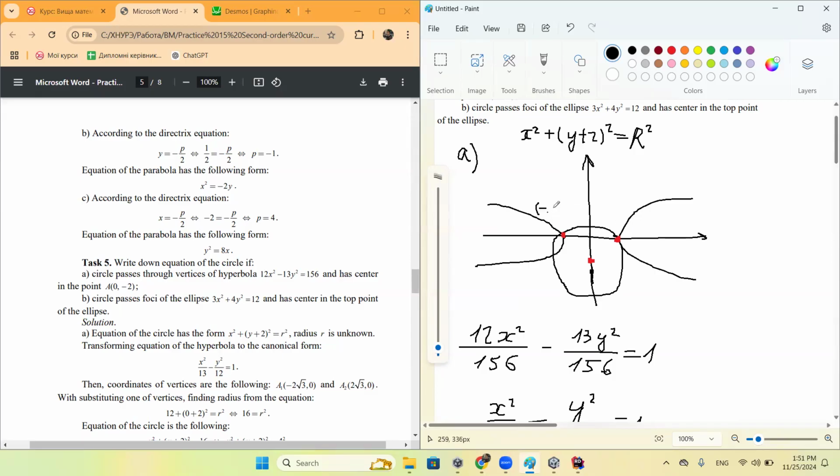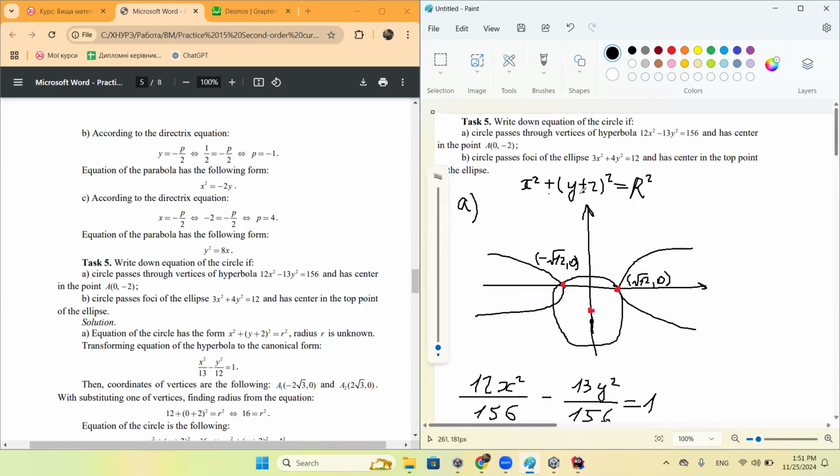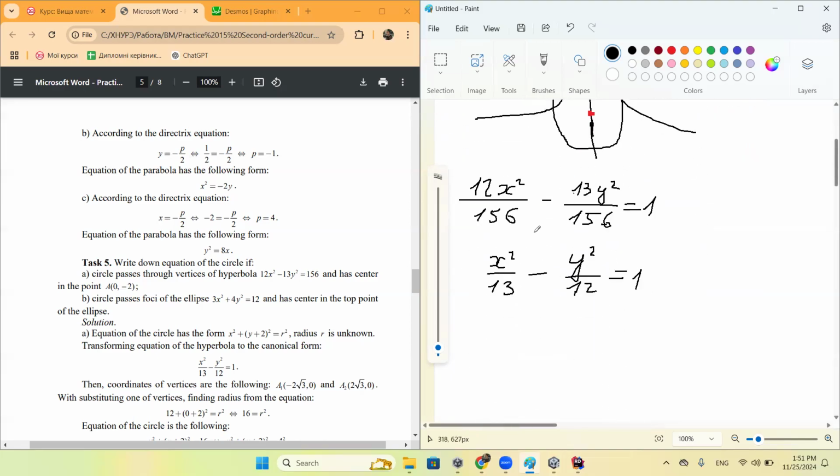So minus square root of 13, 0, and square root of 13, 0. So we found the coordinates. So we need to substitute them into this equation to receive the radius.